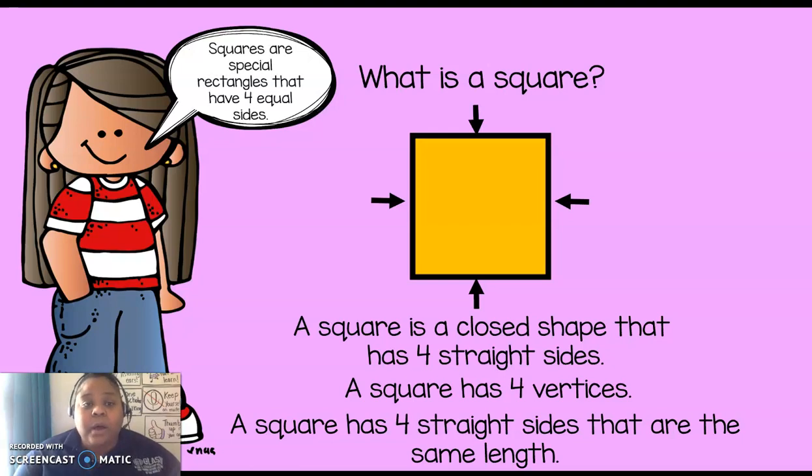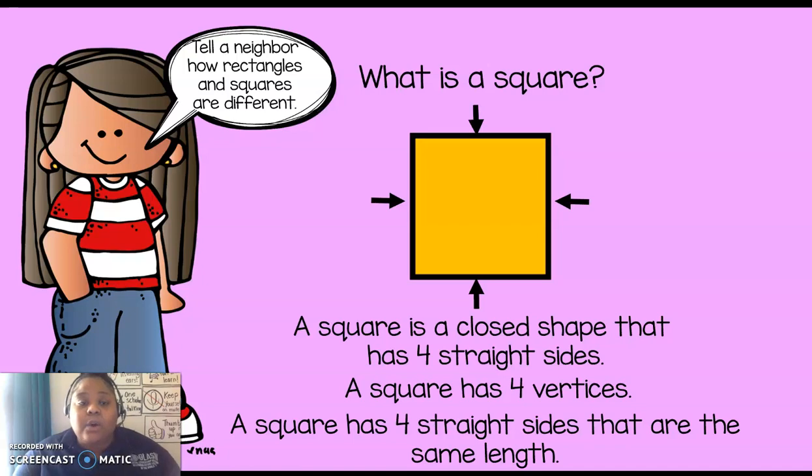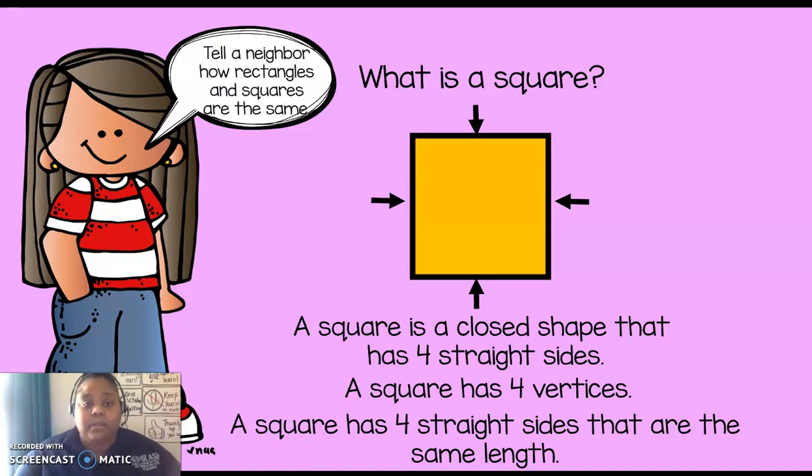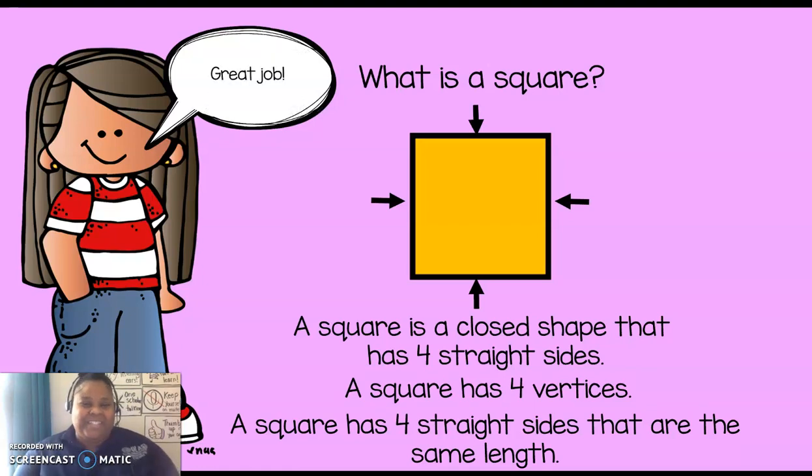Squares are special rectangles that have 4 equal sides. Tell a neighbor how rectangles and squares are different. Tell a neighbor how rectangles and squares are the same. Great job.